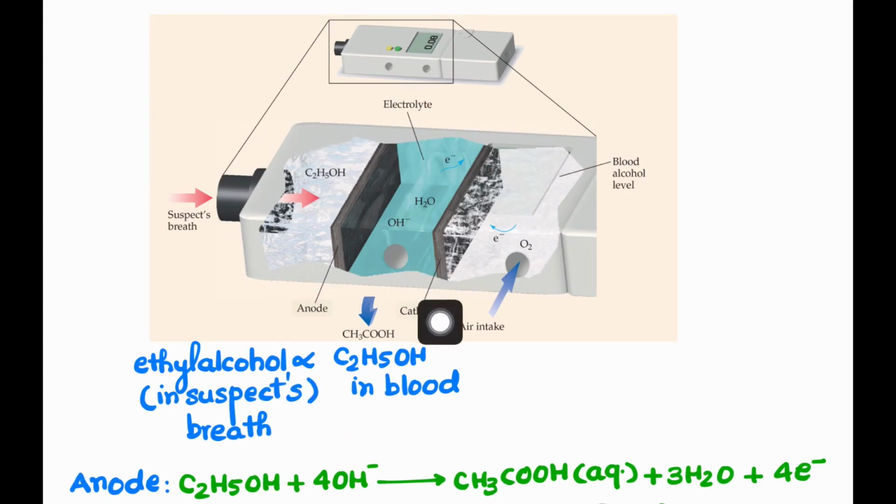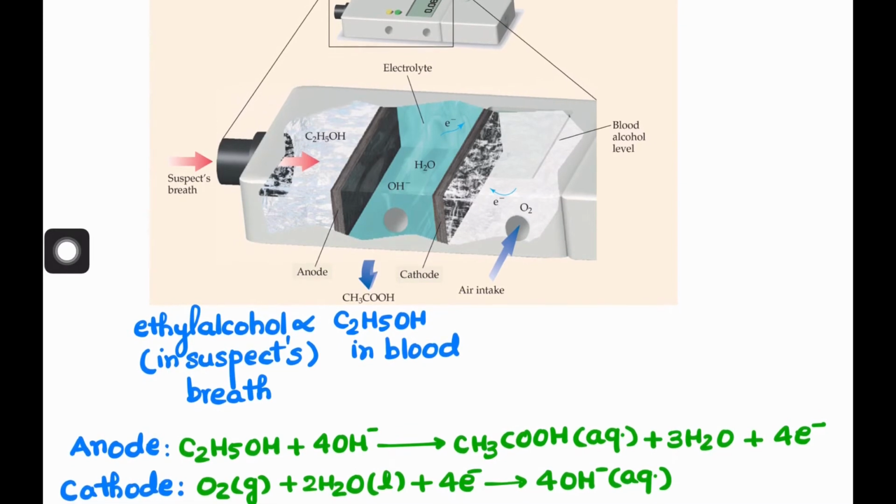Now, what happens at the cathode? We know that at the cathode reduction takes place. This is the place where air is taken inside the fuel cell. From this hole, air will enter inside the breathalyser, and this O2 will get reduced at the cathode.